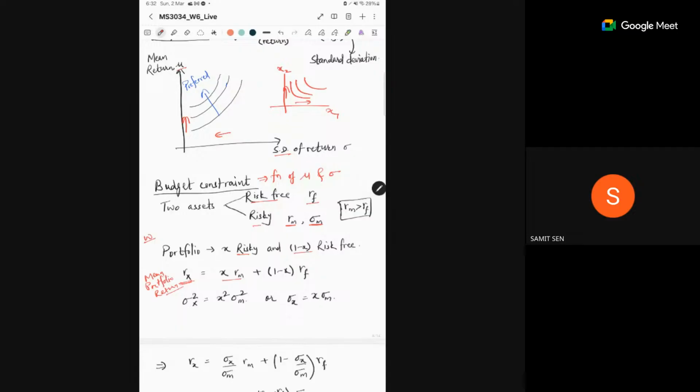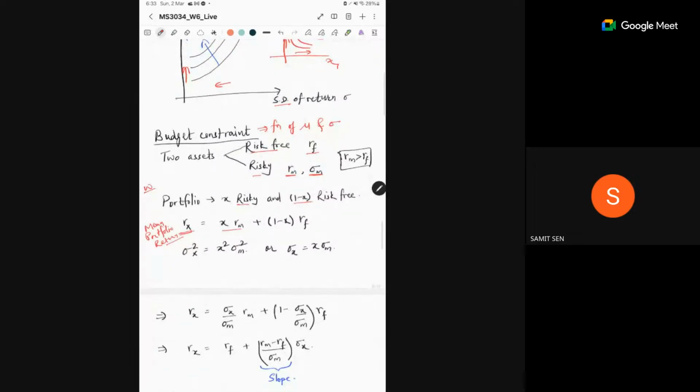Now, what would be the variance of your portfolio? There is no variance coming from the risk-free asset, so the only variance is coming from the risky asset. And we all know, if A has variance of sigma A square, then XA would have variance of X square sigma A square, correct?